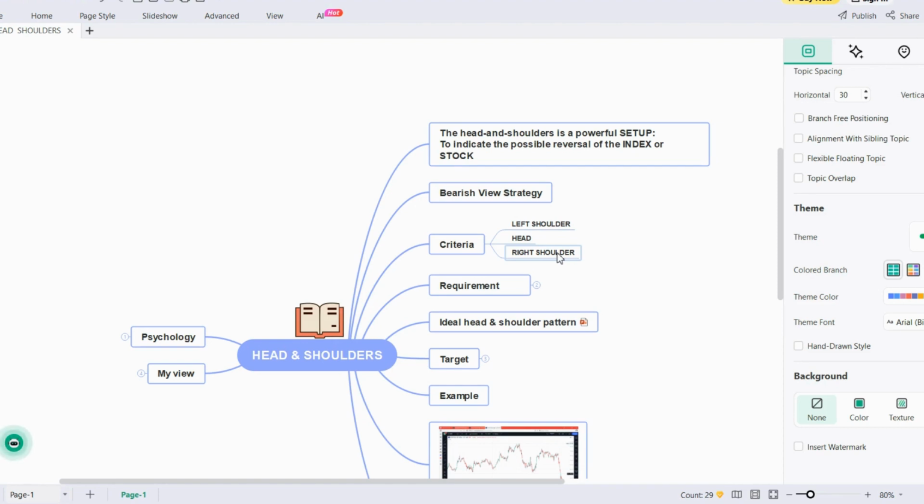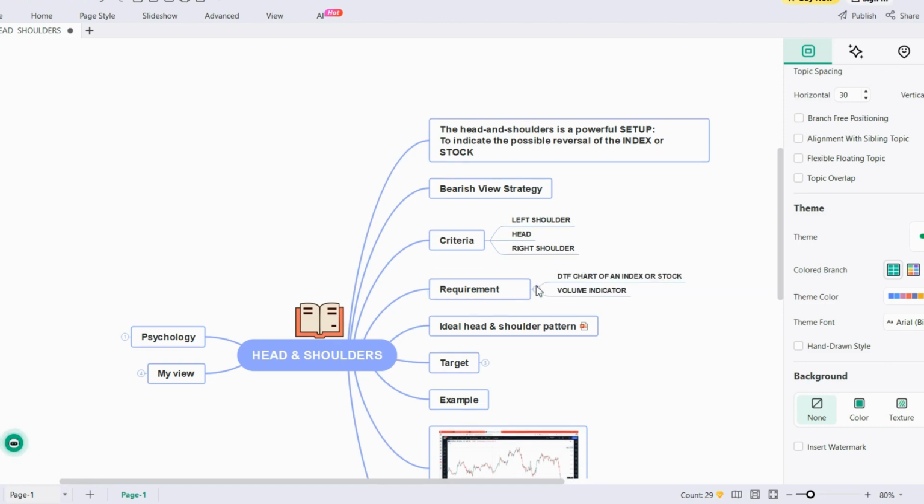Like that in the daily time frame charts, we should have a head, a left shoulder and a right shoulder. So this is the criteria you have to look after. What is the requirement to trade this pattern? Let's see. The daily time frame chart of any index or stock, and a volume indicator. These are the two things you need to trade this strategy.